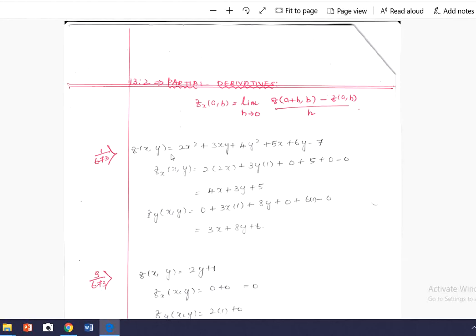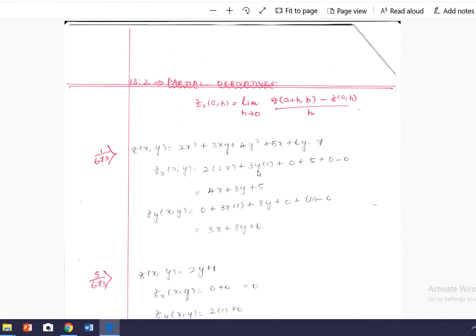f_x(x, y) means differentiate this function in terms of x by keeping y constant, which is equal to 2x². We know how to solve this: the formula is n times x^(n-1). 2 is a constant, so keep it, and n is 2, so I keep it in front, x to the power 2 minus 1, which is 1. Therefore we get 4x. Then 3xy: here we have an x, and when we differentiate x, the value is 1, and y we just write as it is.